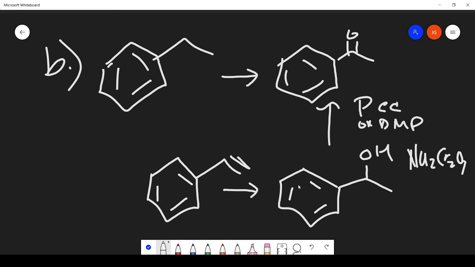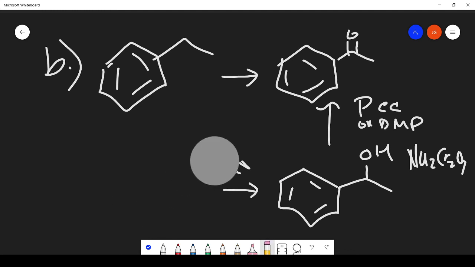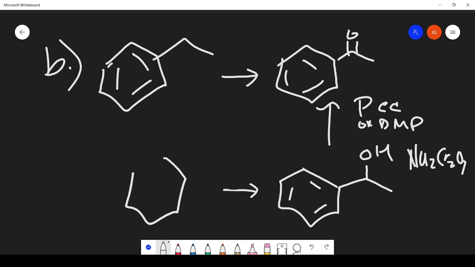What reagents could we have used to get to this step? Well, there are actually two main pathways we could have used, two kinds of alkene reactions. I'm going to give myself more space to do it here. The first path would have been to just use acid and water.